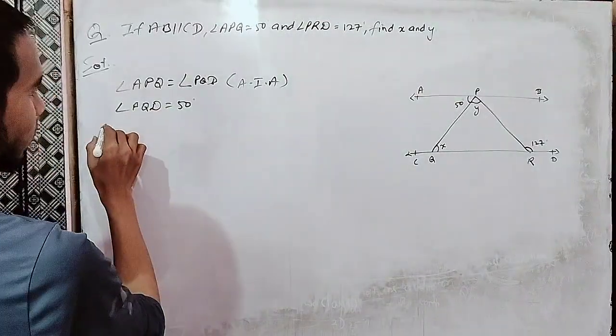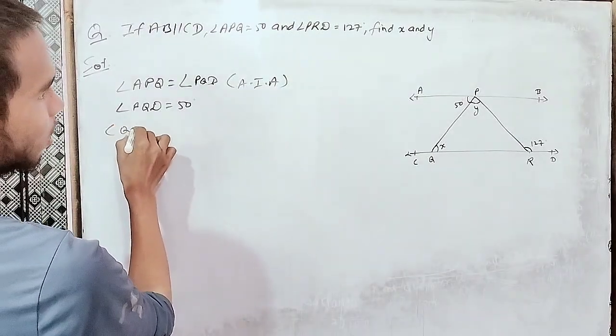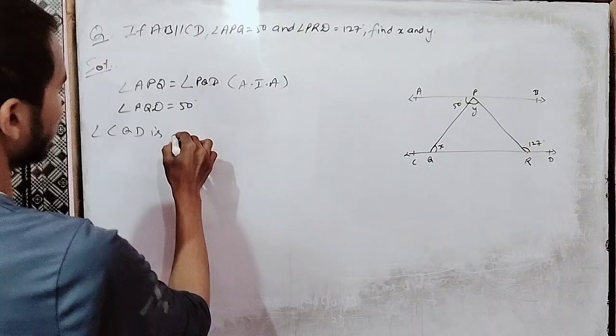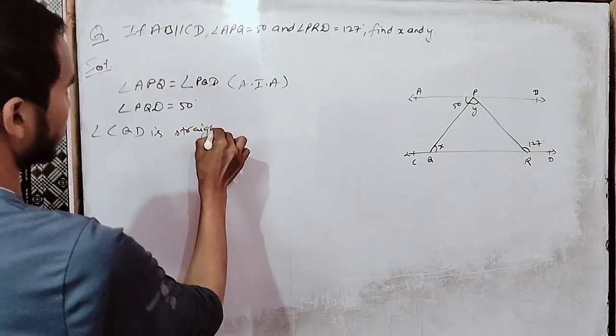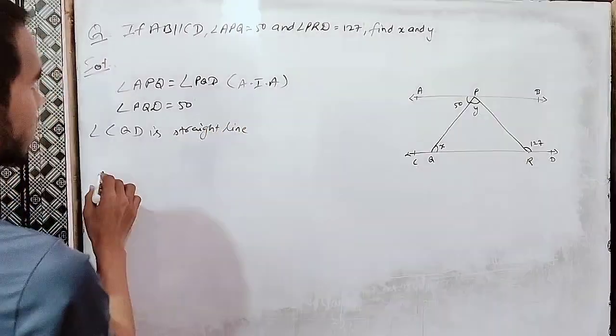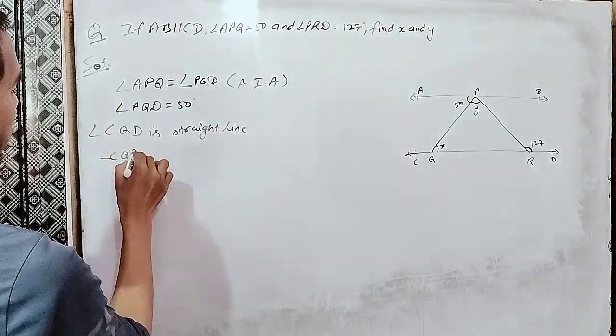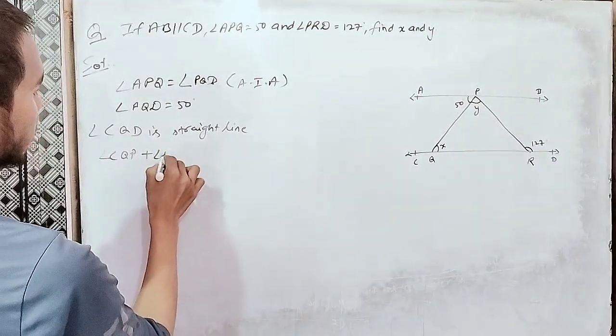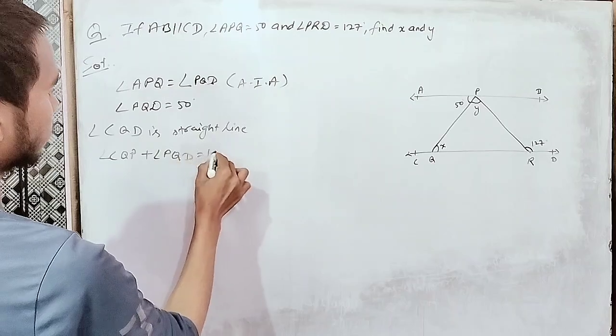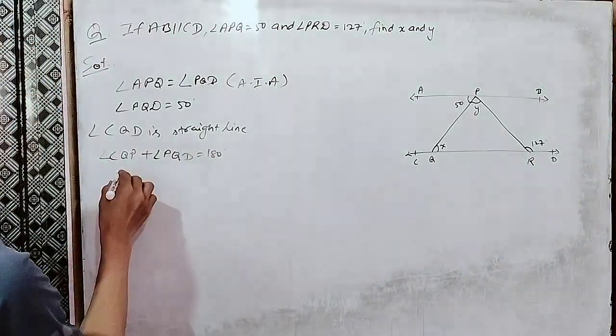Now here CQD is a straight line. Can you say angle CQP and angle PQD would be 180 degrees?